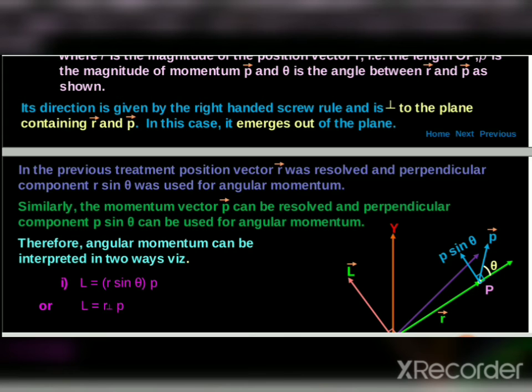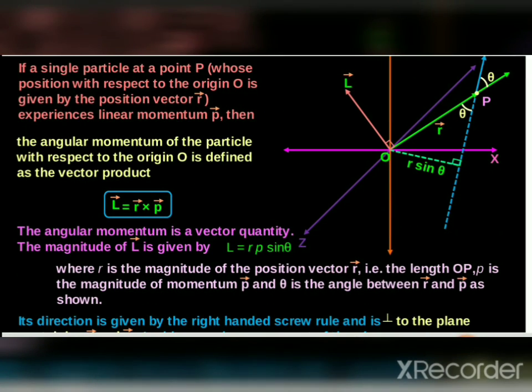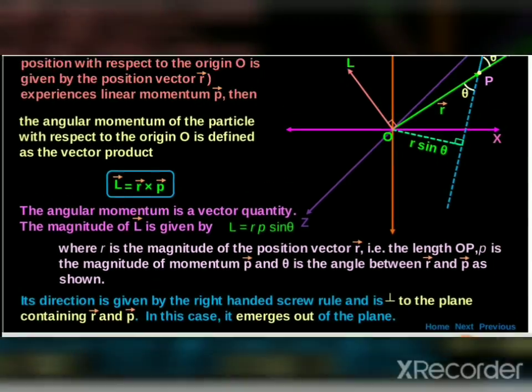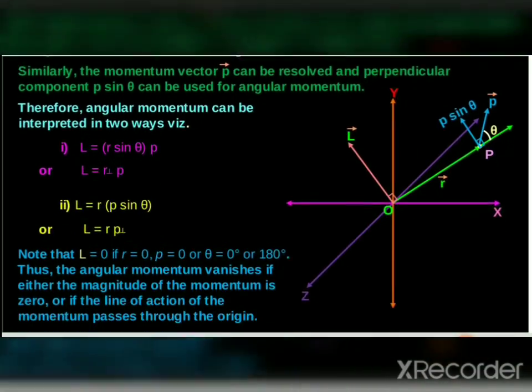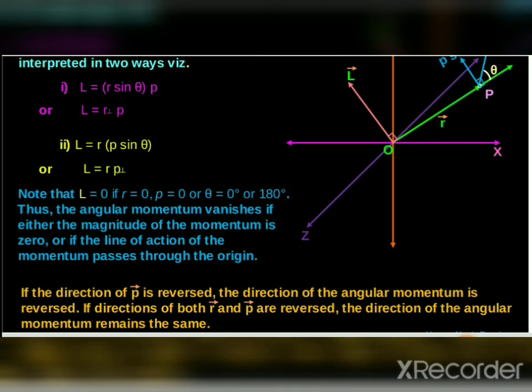In this case it's coming out of the plane, that's why the arrow is shown here. Similarly, r sin theta is the perpendicular component with respect to p. The same case you have done earlier, but the only change is at which angle and which direction it is perpendicular.